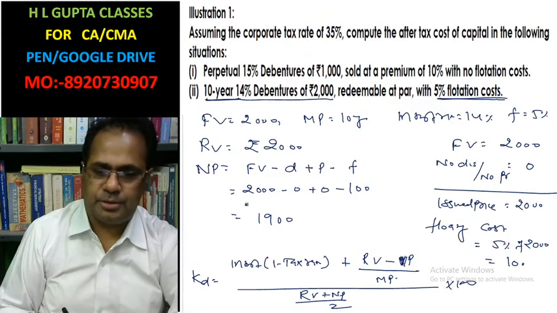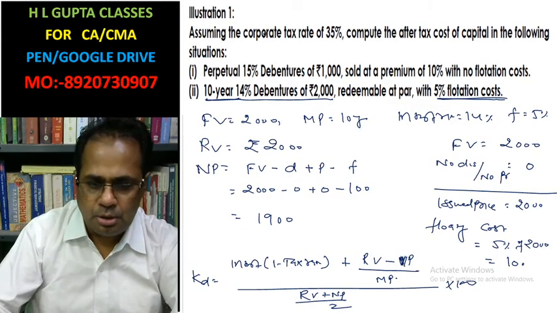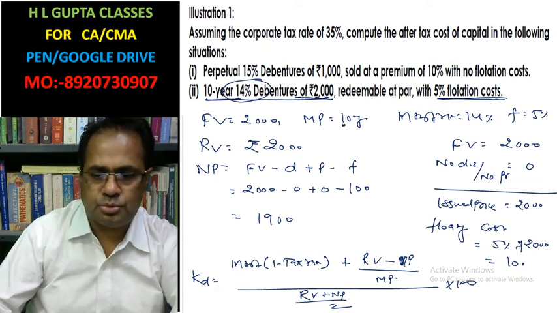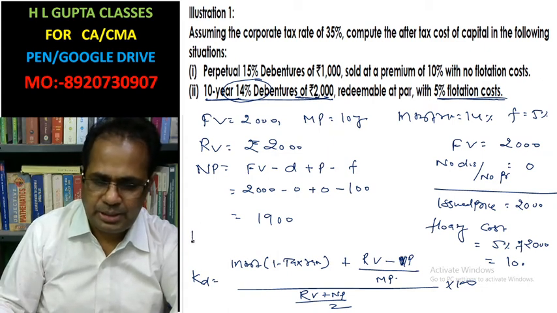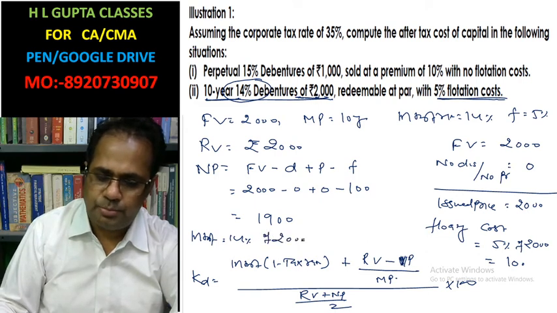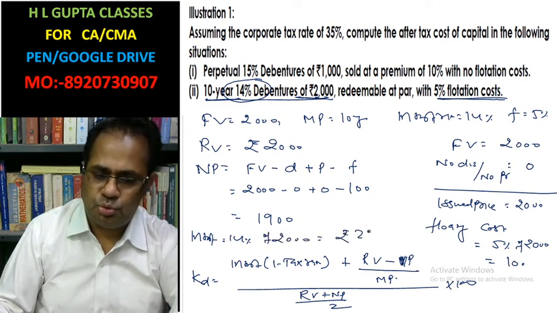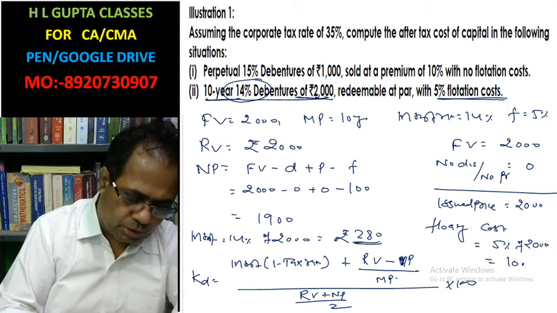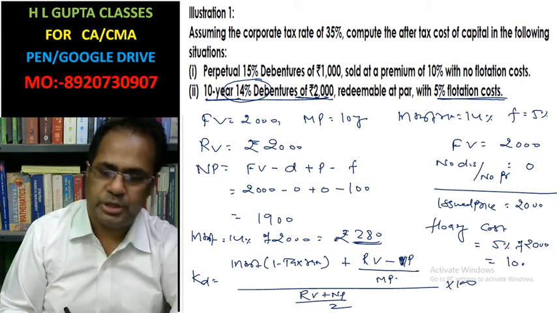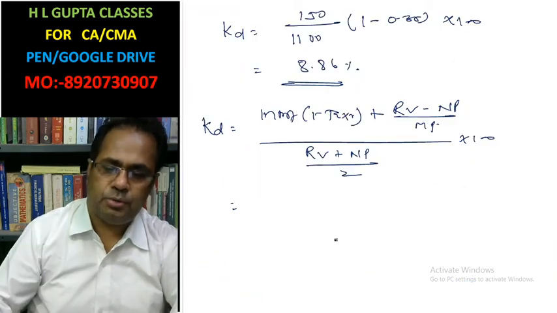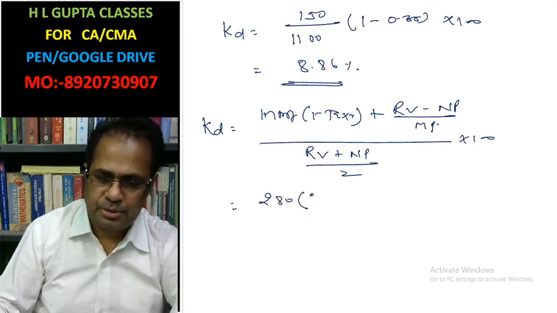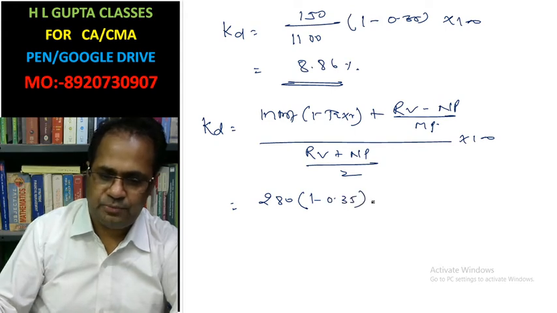Interest we can calculate here: 14% of 2000, that is 280 rupees. Putting the value here, 280, tax rate 35%, 0.35.